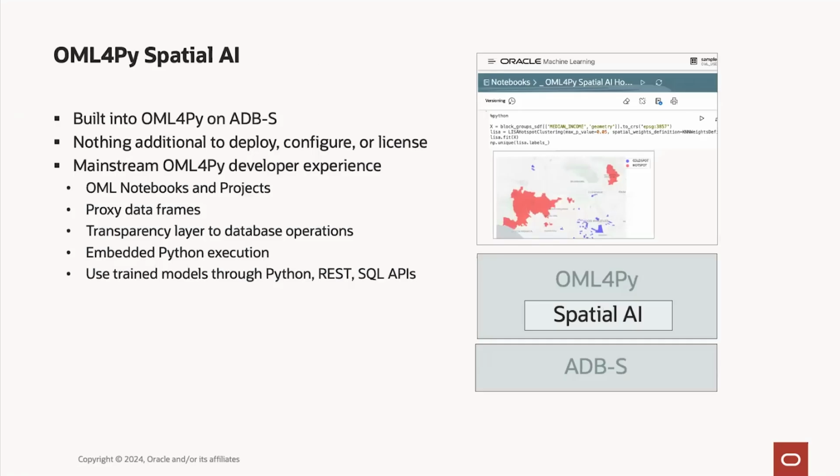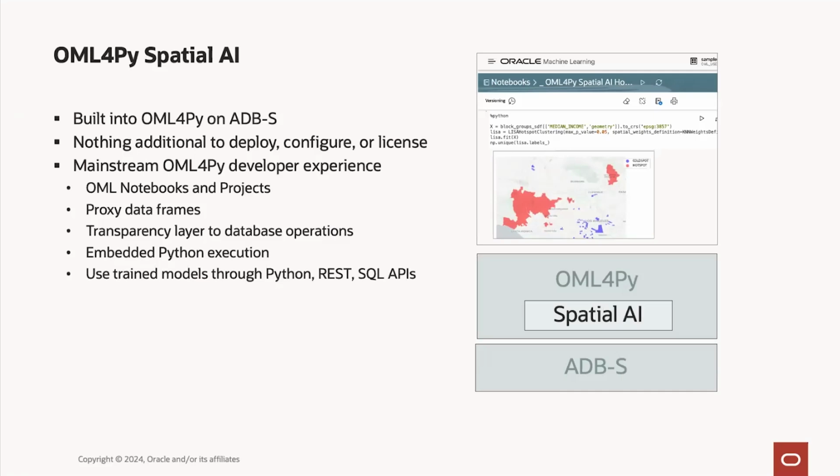So with that very general context in mind, I want to describe where this capability lives. I opened up a notebook when I started out, just to show you what this looks like as a user. But architecturally, where this lives in the stack is that this is a feature built into OML4Py on ADBS. I've introduced those terms, hopefully OML4Py and ADBS make sense.